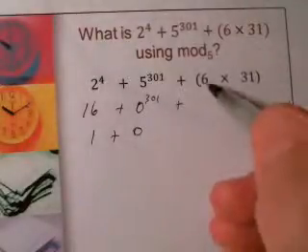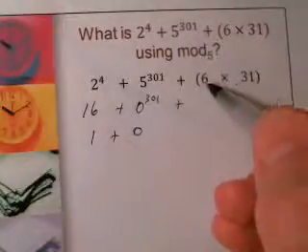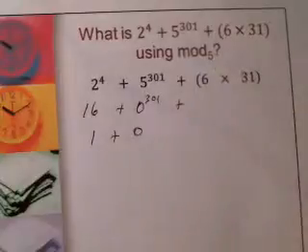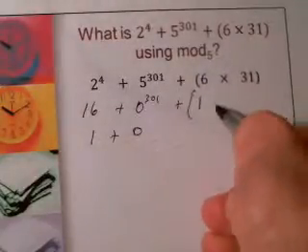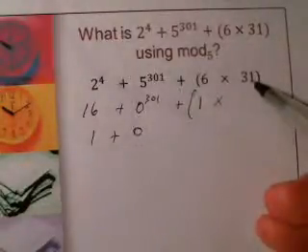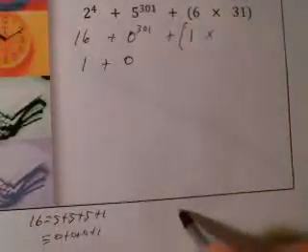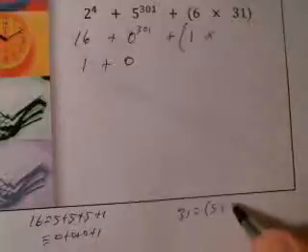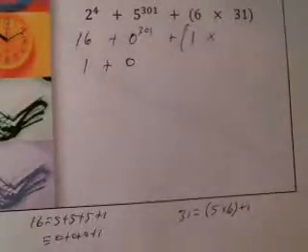Now, if we're doing 6, 5 plus 1 is 6, or 5 times 1 plus 1. So we know that if you take 6 and do mod 5 to it, you're going to get a remainder of 1. That is obviously going to be much easier to multiply. If we take the 31, we can say, well, 31 is equal to, it's a 5-hour clock, and we're going to go 6 times around, and so that's 30, plus 1 gives 31.